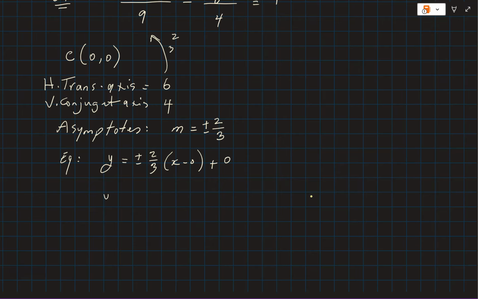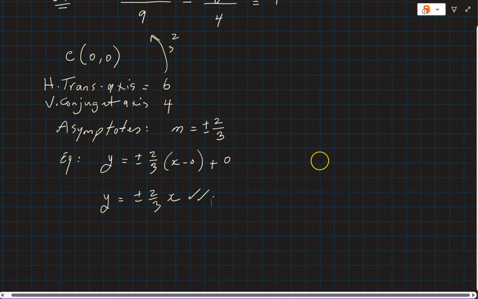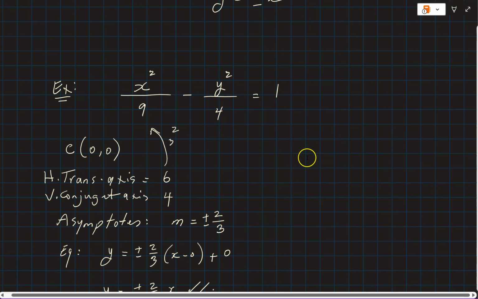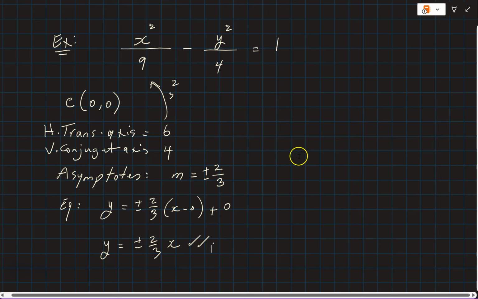So that would be y equals plus or minus 2/3 x. So we got the two equations of the asymptotes. All right, now the vertices, we need to find out what that is, but we can do that on a graph.